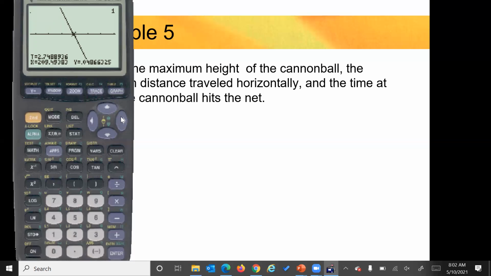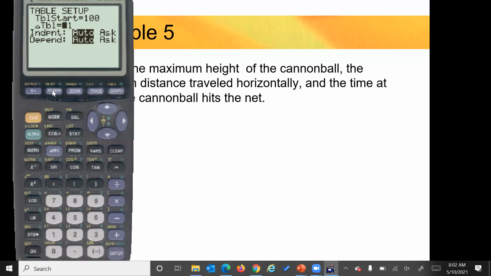Let me just check out something quickly here. 209.5, about there. Let me just check the table set. No, that won't do it here. That would be 209.5.